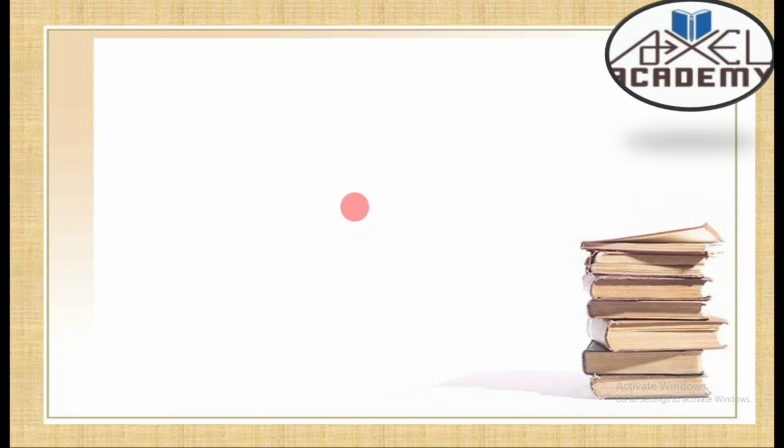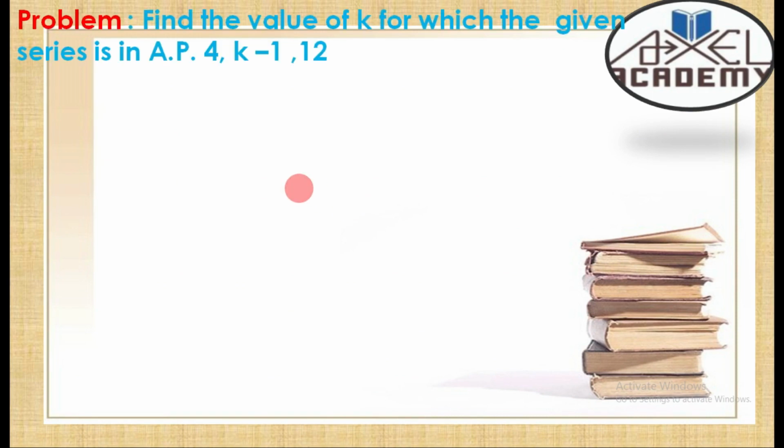Fine? So now let's take an example again. Find the value of k for which the given series is in AP. Here they have given 3 terms: 4, k minus 1, and 12.